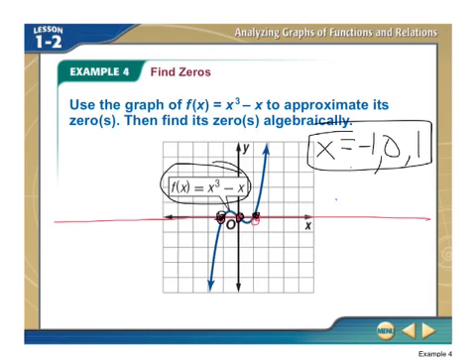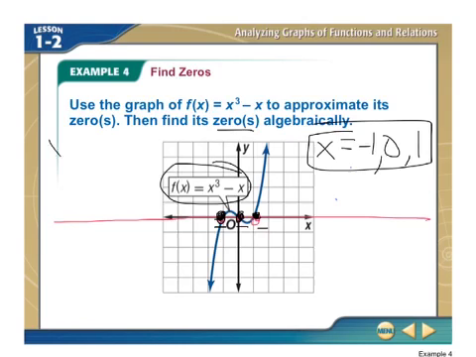Okay, so when we found the y-intercepts, we plugged in 0 for x. When we want to find the x-intercepts, or the zeros of the function, we are looking for where y is equal to 0. All three of these points right here have a y-coordinate of 0.